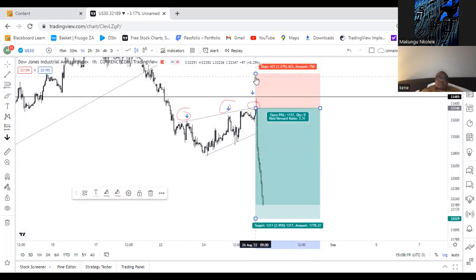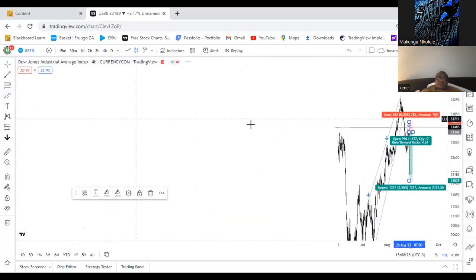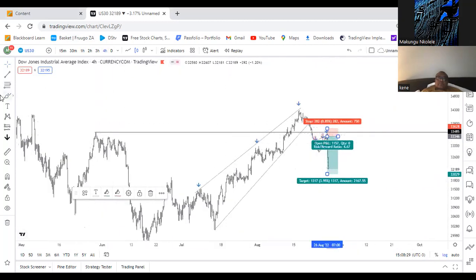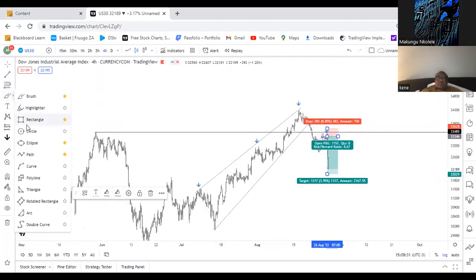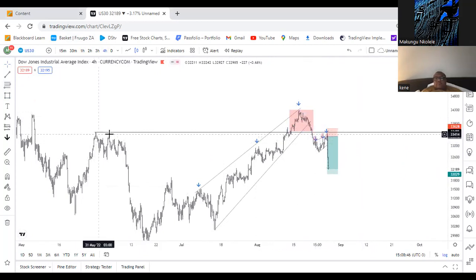As you can see from the high time frames, we were in a downtrend because of the double top, even though the price really just broke out, but then it formed a false breakout. I'm just gonna highlight it once again. This was the false breakout. As you can see, the price went back inside this double top right here.